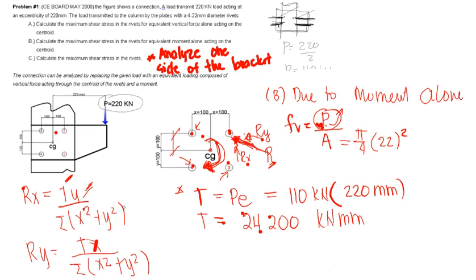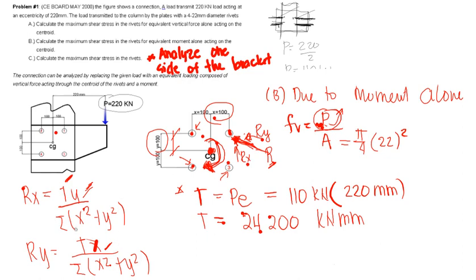So, pag magkakaiba, kailangan natin kunin yung farthest kasi yun yung pinaka-critical. So, yung Y natin, meron tayong 100 dito sa may centroid. And then yung x naman natin from the centroid up to the most critical bolt, pare-parehas lang yung bolt 1, 2, 3, 4. Yung x natin is 100.